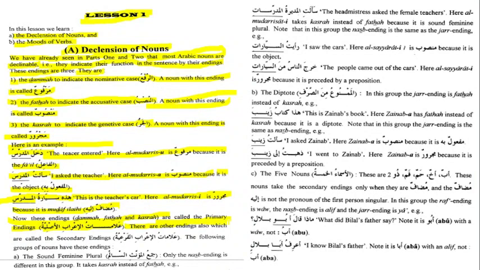There are other endings also which are called the secondary endings. So now we're being introduced to alamatu al-i'rabi al-fara'iyya, the secondary endings, the secondary signs of i'rab. And the following groups of nouns have these endings.